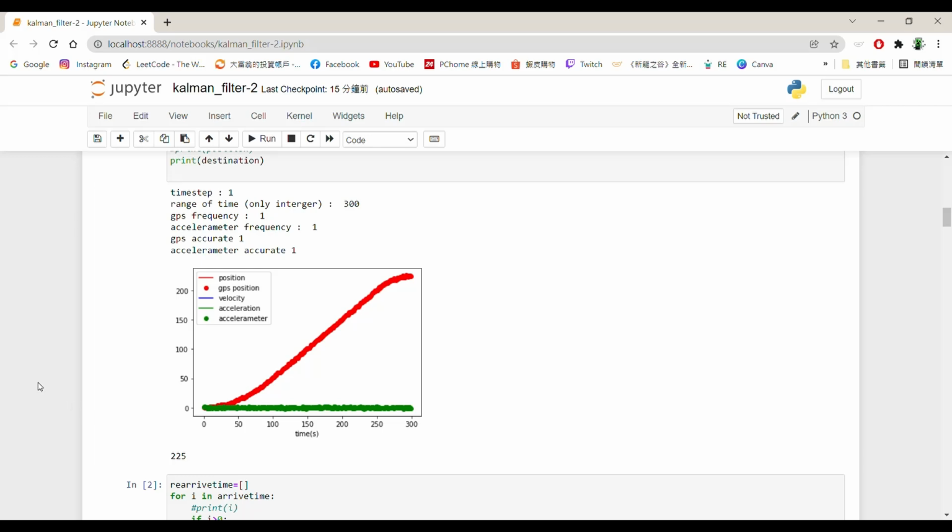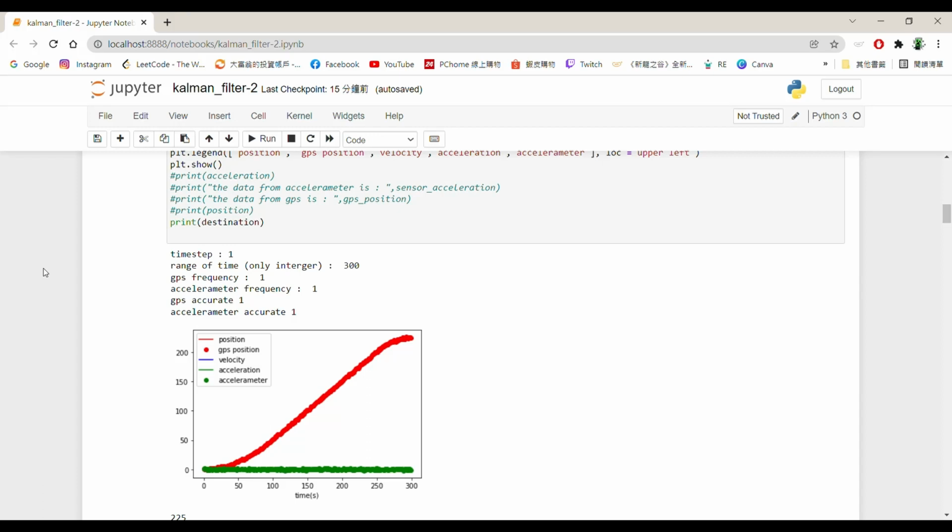The range of time is 300 seconds with time step equal to 1. As for the frequency and the accuracy of the GPS and accelerometer, we can initialize with any integer. And here we set it to 1.